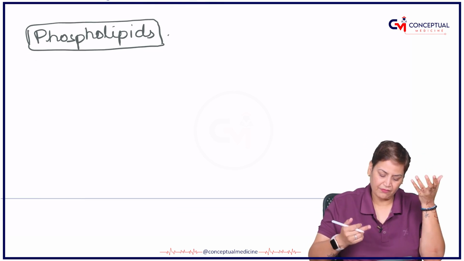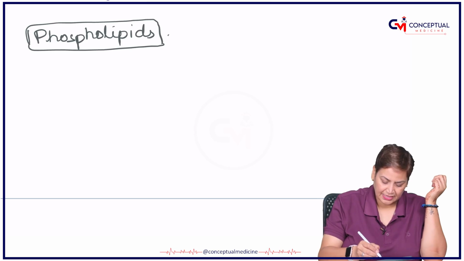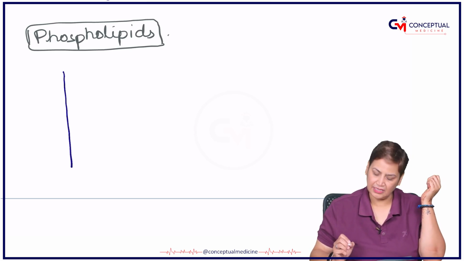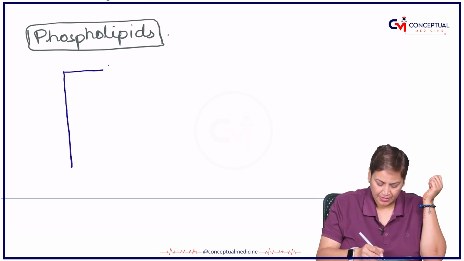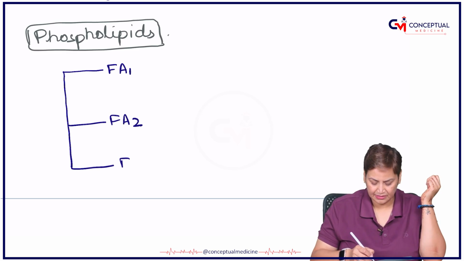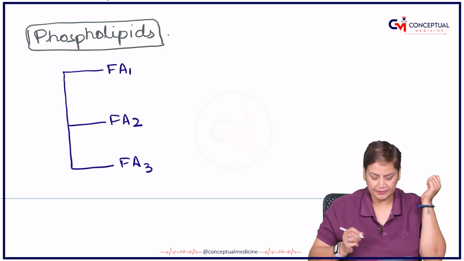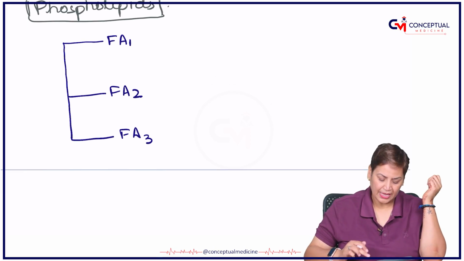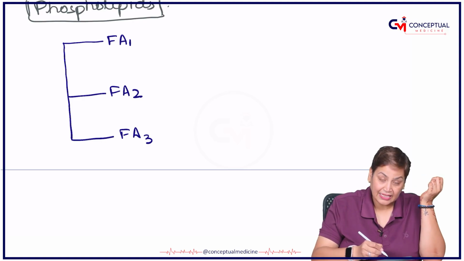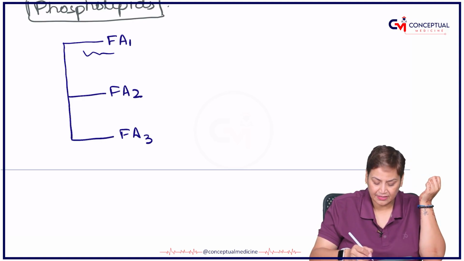If I have to represent a fat, I can simply say this is glycerol, this is one fatty acid, this is the second fatty acid, this is the third fatty acid. And the linkage here, which is very important, is the ester linkage.